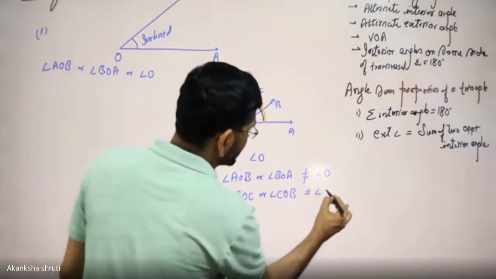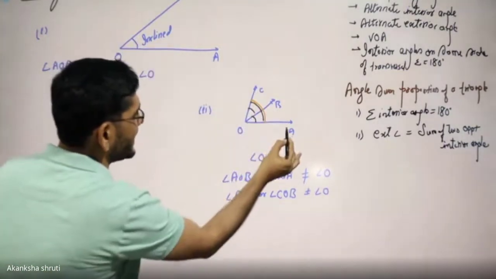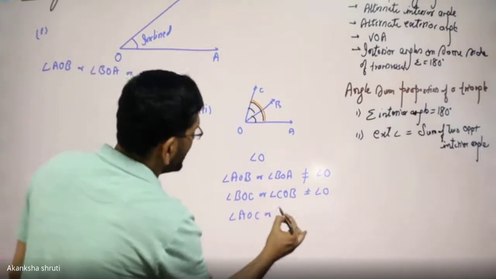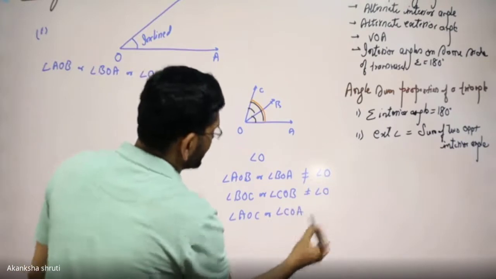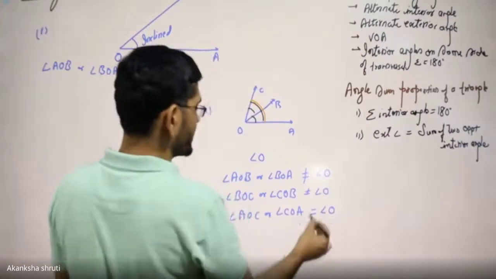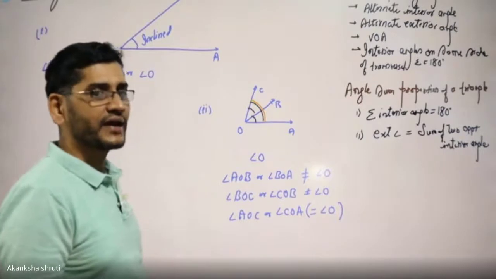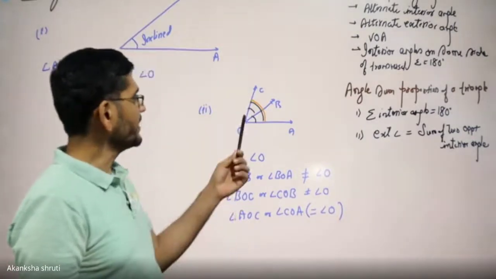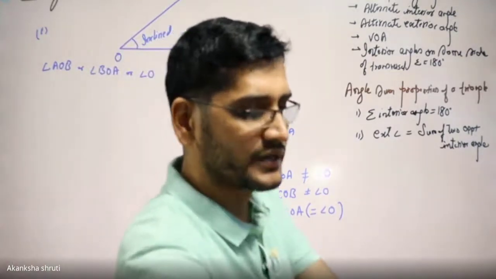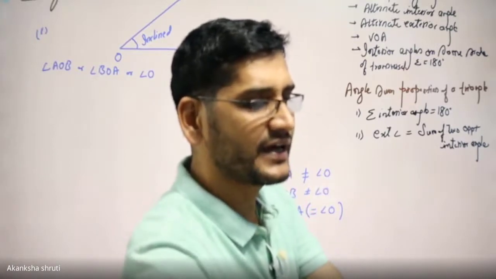Never specify this as angle O. The other one is the bigger angle, angle AOC or angle COA, meaning the same thing. Sometimes it is specified as angle O, but try to avoid writing only angle O, because that creates confusion. Therefore, wherever more than one angle is formed at the same point, we should be careful in specifying the angle.